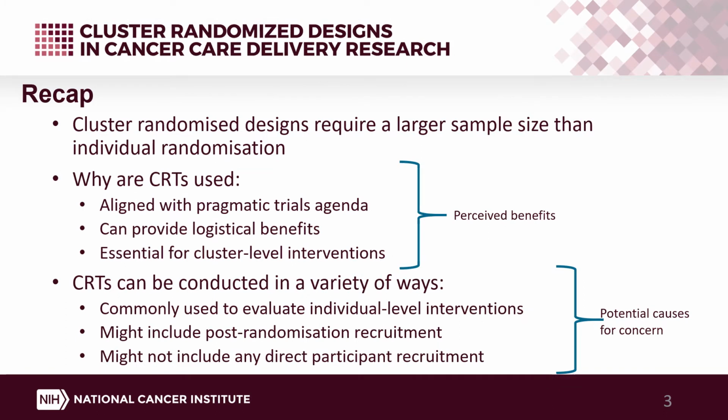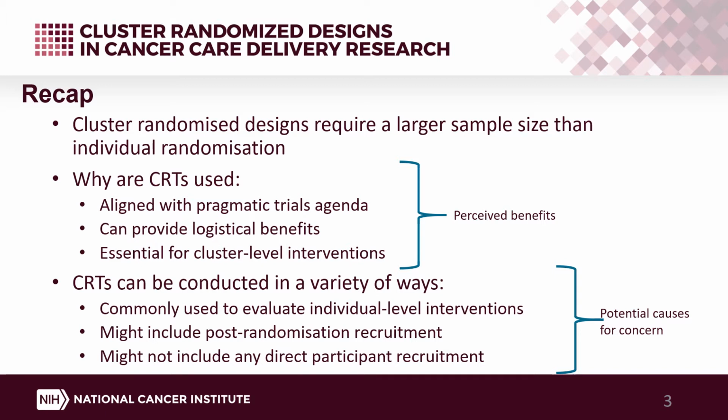So as a quick recap, we've heard that cluster randomized designs require a larger sample size than those designs where we use individual randomization. And we've also heard about the perceived benefits of cluster randomization.